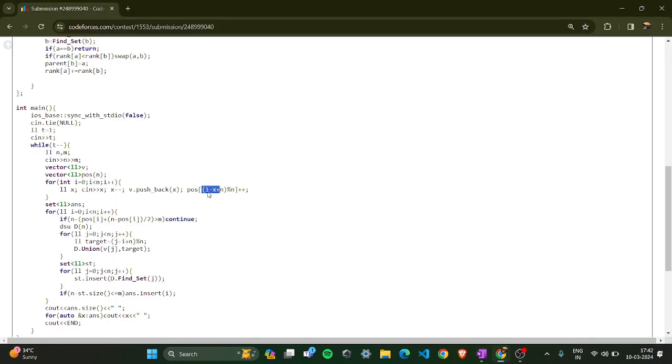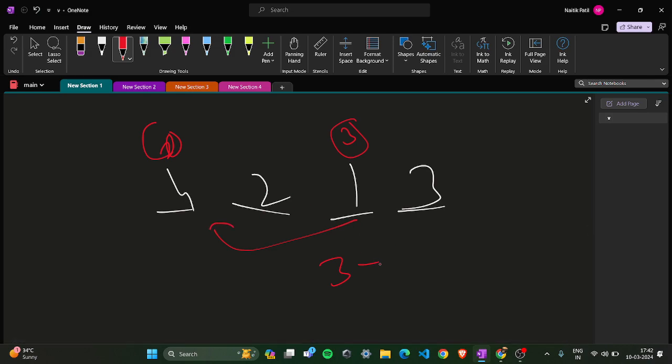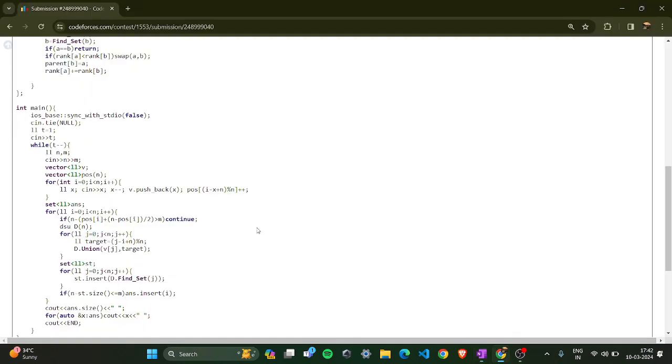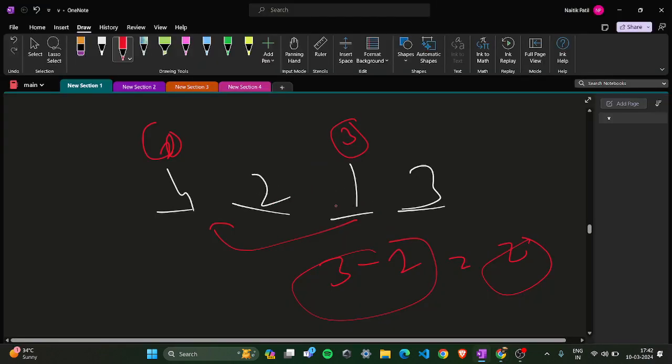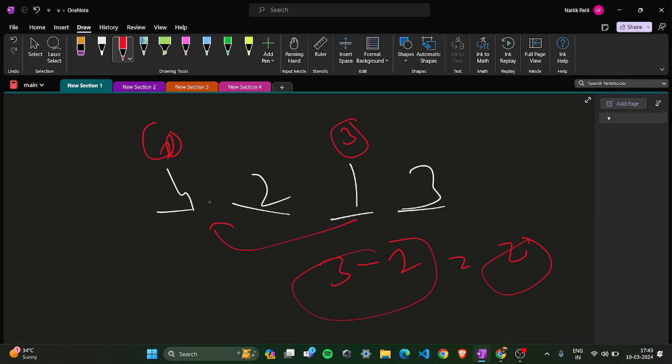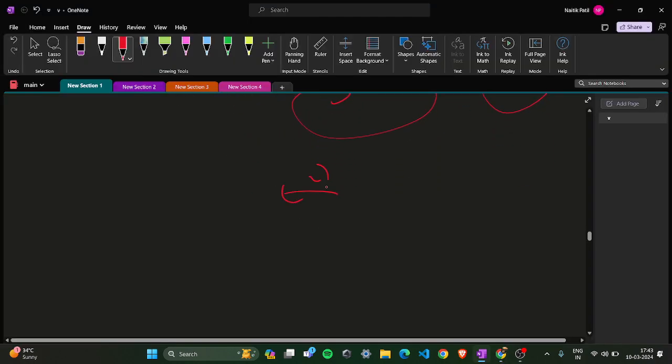So what I'm storing is its current position minus its desired position, the total number of left shift operations required. So it's 3 minus 1, which is equal to 2. This tells us we will require two left shift operations to make this current element reach its desired position.